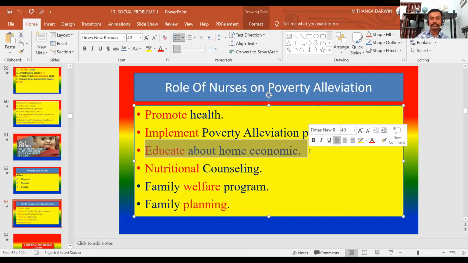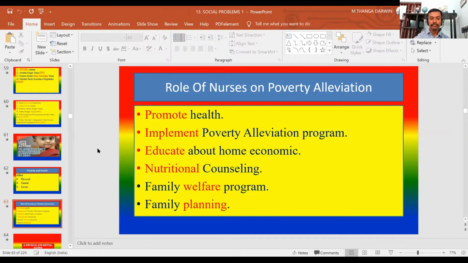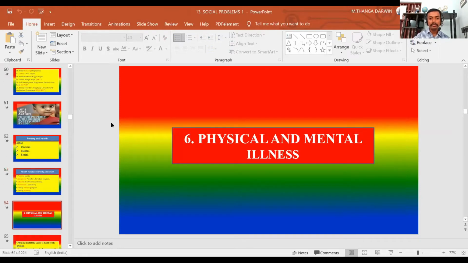Then family planning. These programs are launched or implemented by nursing professionals at the family level and community level, aiming to eradicate poverty and promote welfare. Next social problem: physical and mental illness.